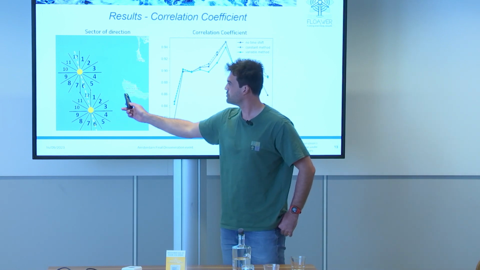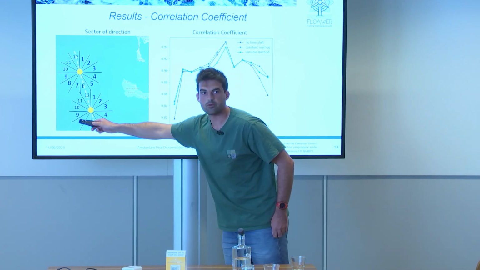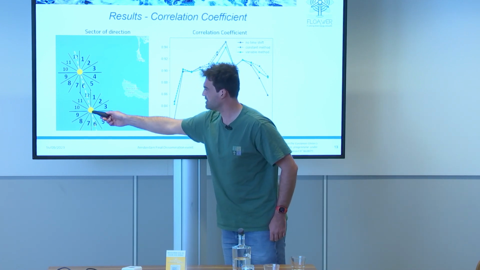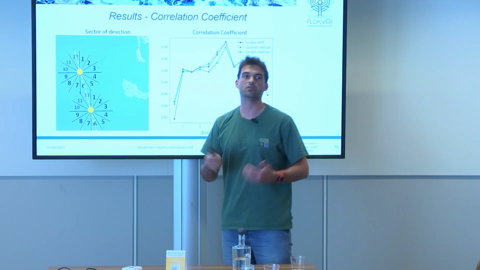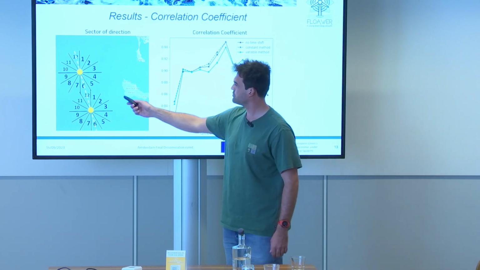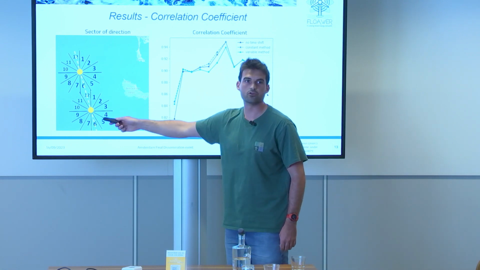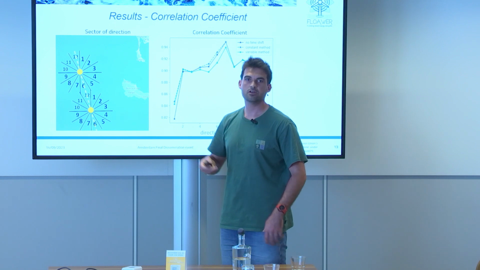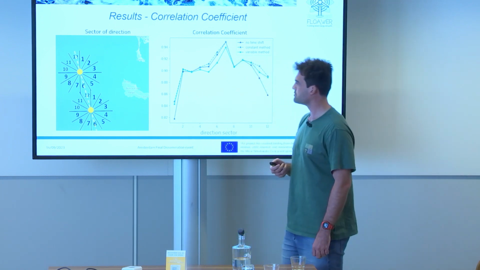Imagine you want to install a wind farm here. You use this data to estimate the energy that you will produce, but with only 1 year of data you have a lot of uncertainties. If you succeed in correlating it with the 20 years you have here, you can use 20 years of data as another source of information, and then reduce the uncertainties on your production.